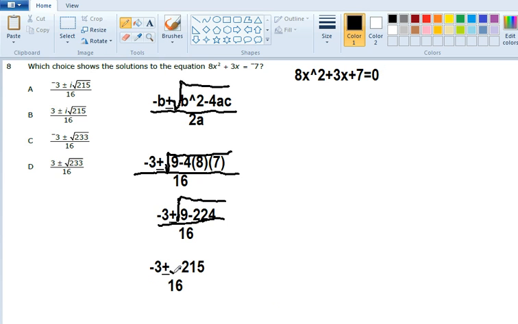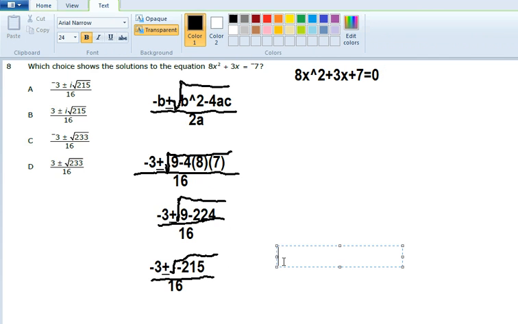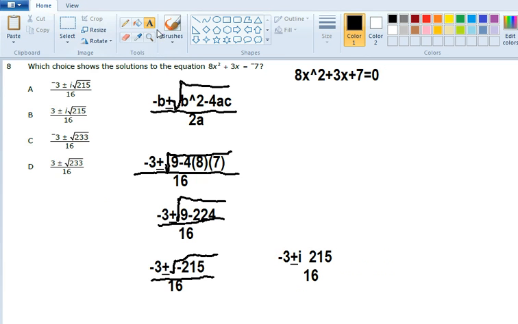Okay, again, square root all over 16, and so my final answer is going to be negative 3 plus or minus i times the square root of positive 215, all over 16. The thing to remember here is that i is the square root of negative 1, so putting in this i in front of the square root allows me to make this 215 positive.